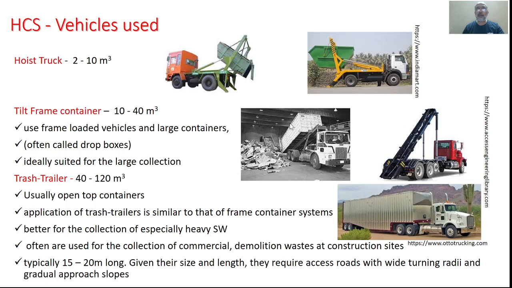These boxes are very large, mostly open type containers, which are called drop boxes or debris boxes, and these are ideally suitable for places which have high generation, and hence a large magnitude of waste is expected to be collected from a particular point.